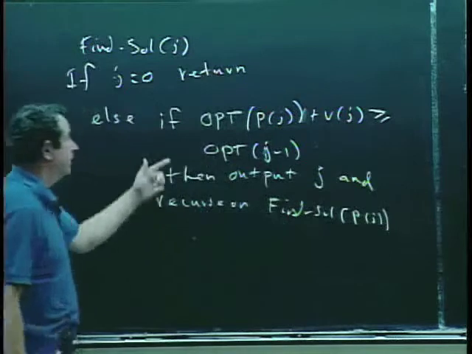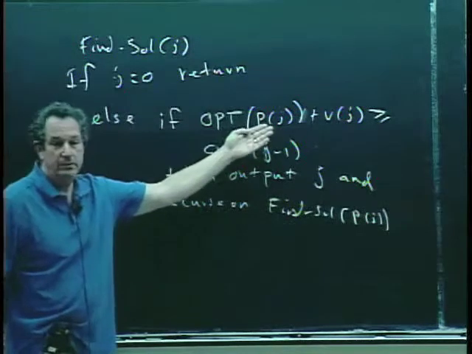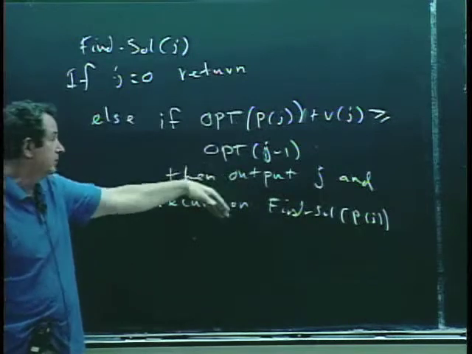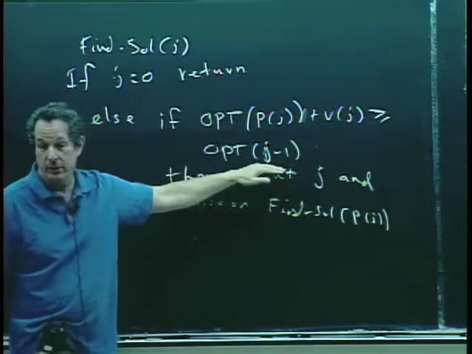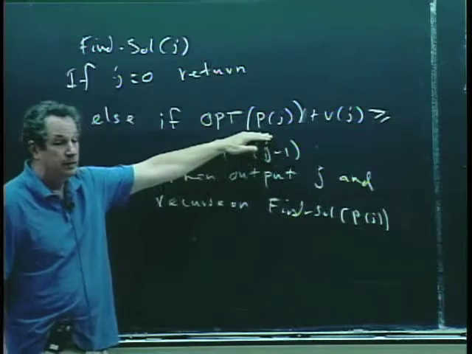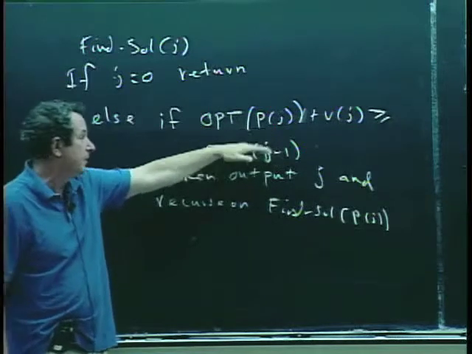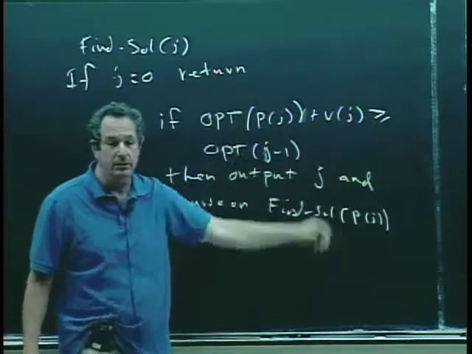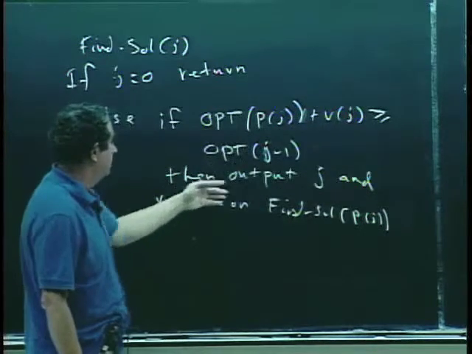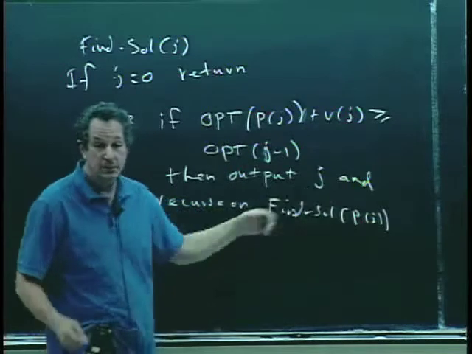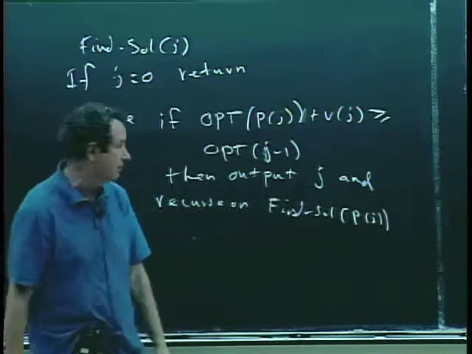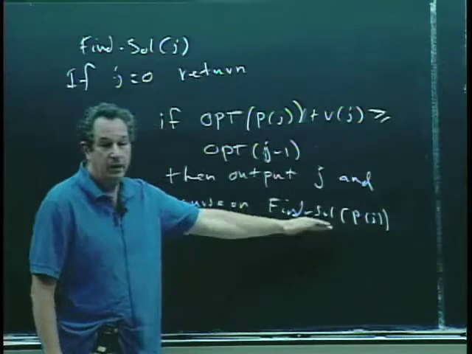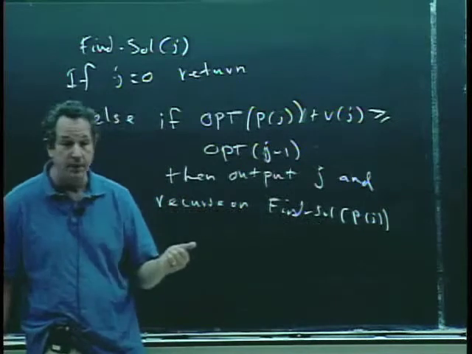Okay, so this is saying, yeah, it's better to take interval j than not to take interval j. This is what you get if you don't take interval j, and this is what you get if you do take interval j. So if this is better than this, although I have the possibility of equal, I'm just breaking ties that way, then you want to output j, because the solution should be outputting intervals, and then you recurse on what you should do on the intervals between 1 and p_j.